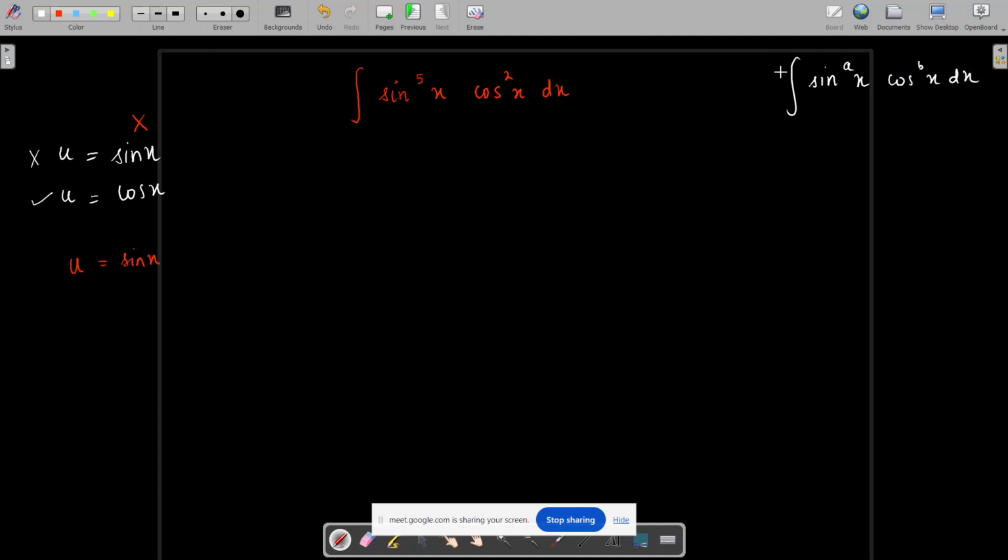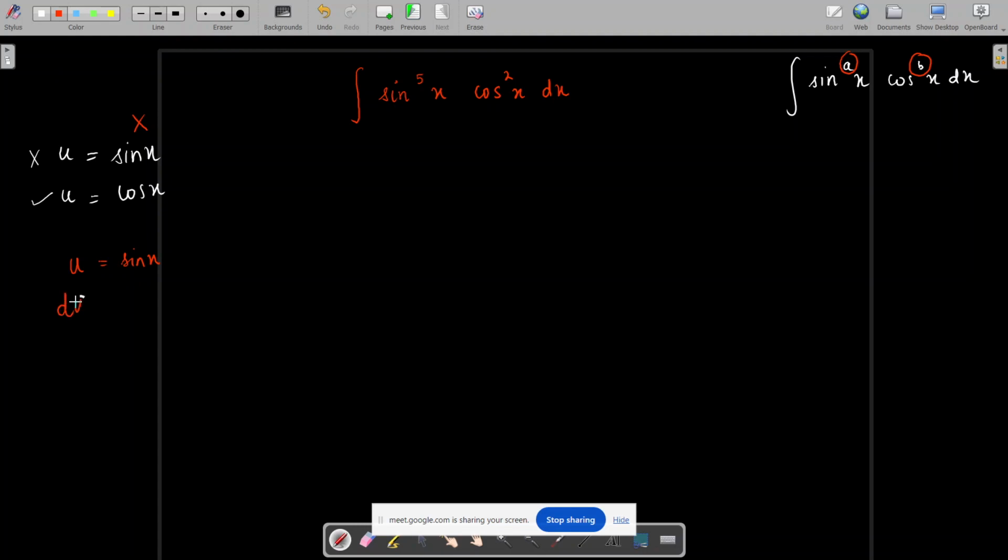This is the integral that we are dealing with. What kind of substitution we make will just depend on these exponents a and b. So let's just take sine of x as u.